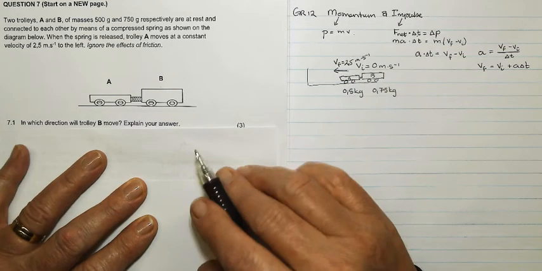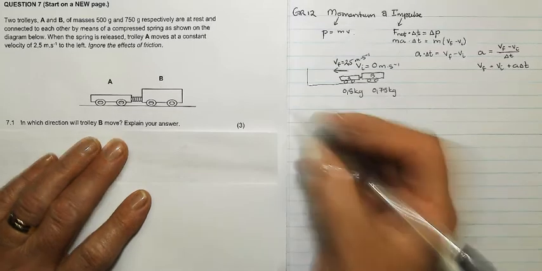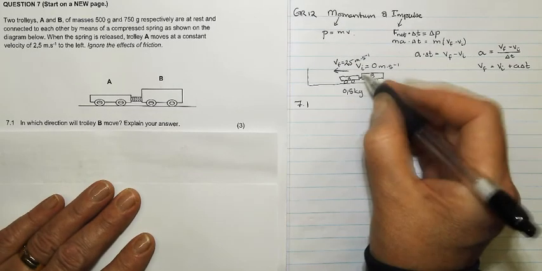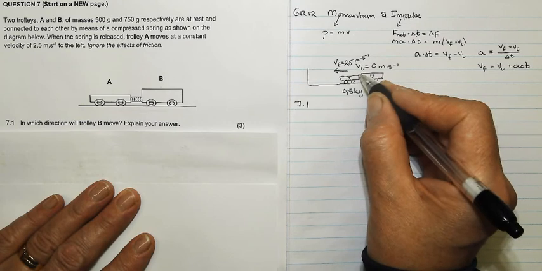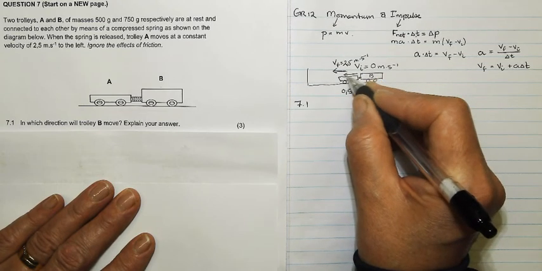The question is, in which direction will trolley B move? Explain your answer.